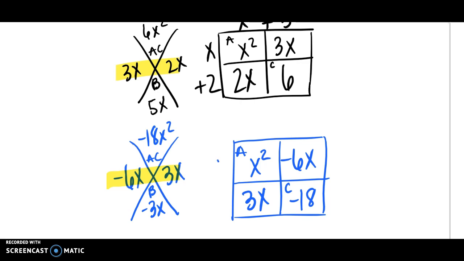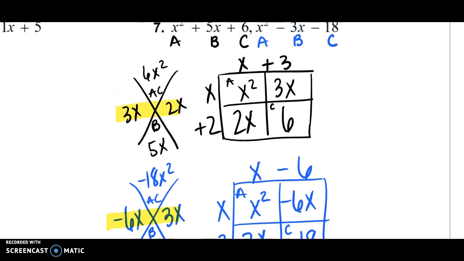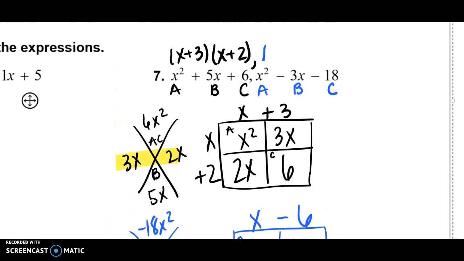To get x squared, we need x and x. To get -6x, we need x times -6. And then to get 3x, we need x times +3. So that's going to factor out to be x plus 3 times x minus 6.